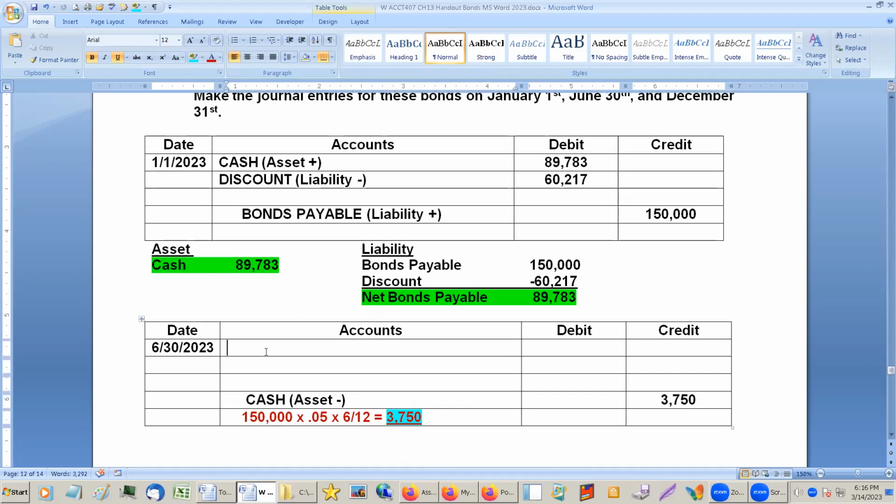Interest expense. And interest expense is really, at least for this first year here, what did we actually borrow? We actually borrowed $89,783. That's the carry value of it. You see that here too. Same thing.